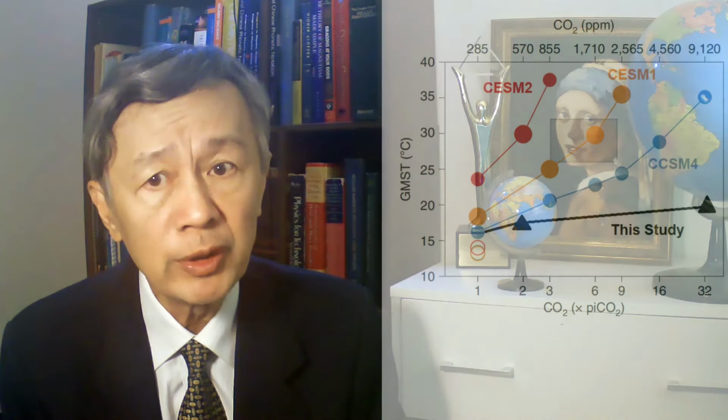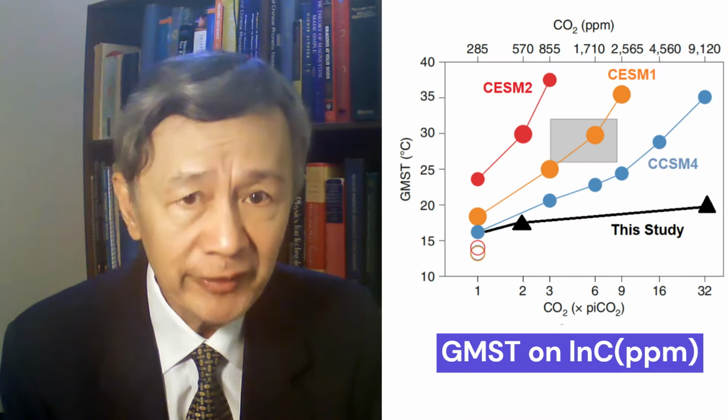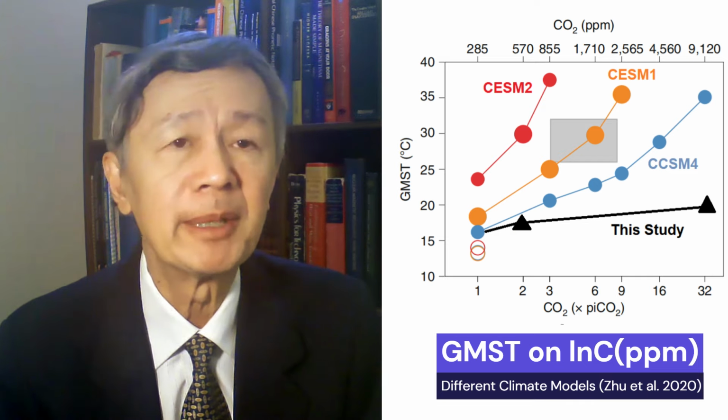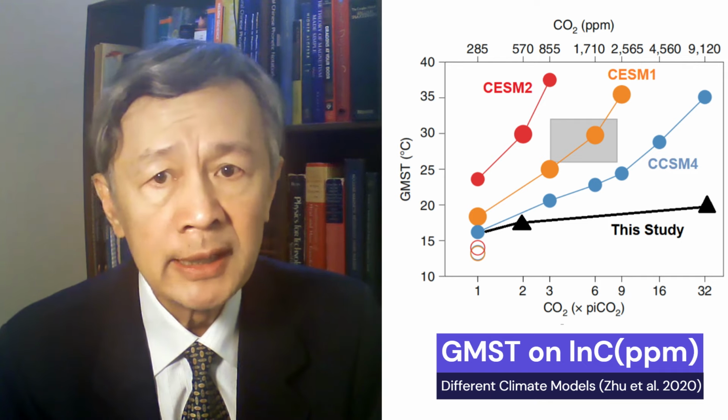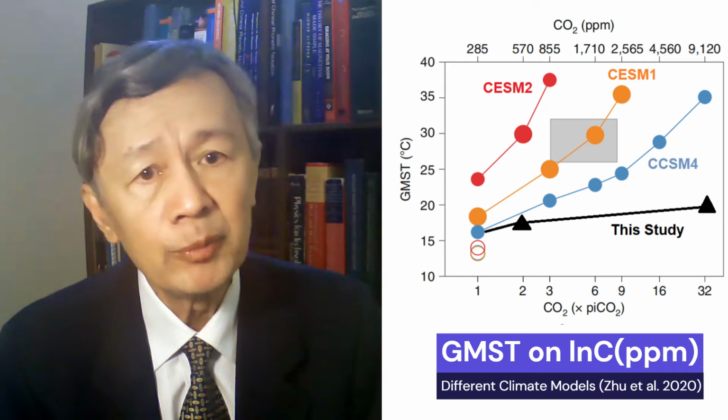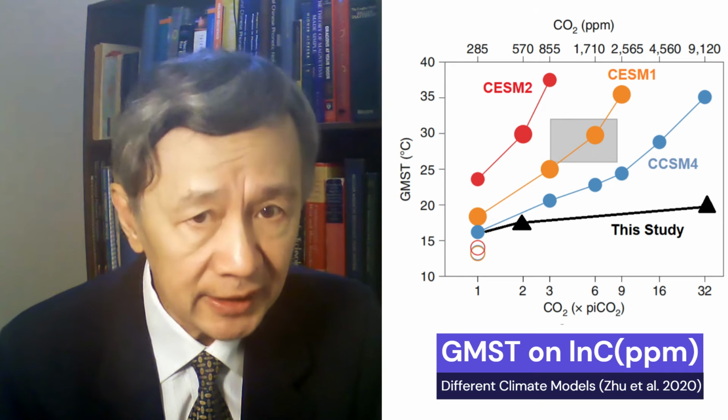At such a high hypothetical CO2 level, the surface warming is between 1.7 K and 10.4 Kelvin, assuming the range of the climate sensitivity is between 0.7 K and 4.5 K. Notice that the maximum warming, 10.4 Kelvin, is still over 30 Kelvin lower than previously predicted using different climate models, as shown in this diagram, including CCSM4, CESM1, and CESM2, as well as the CMIP6.